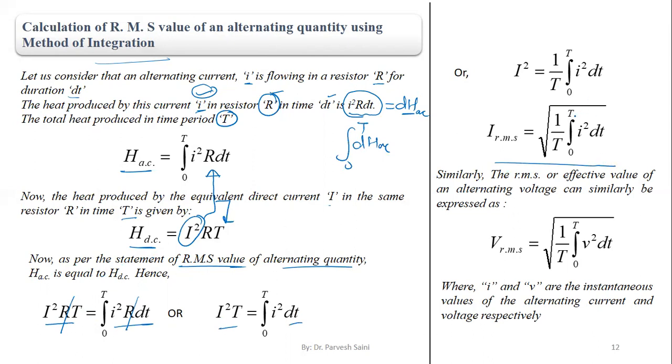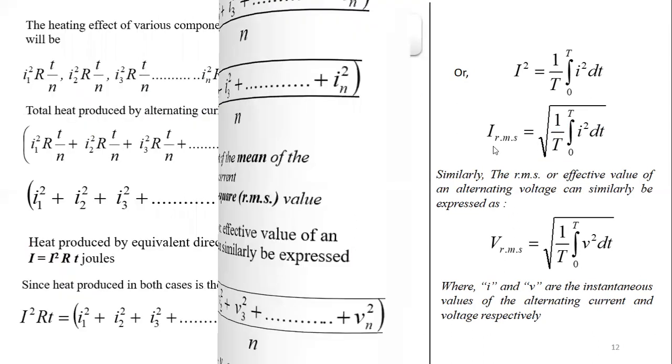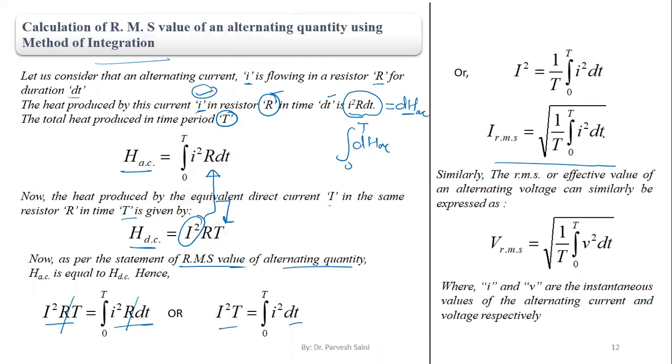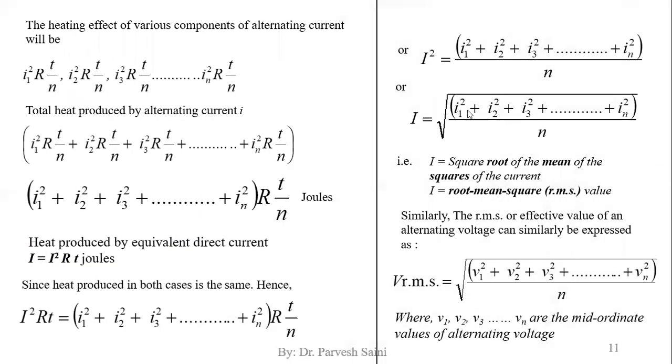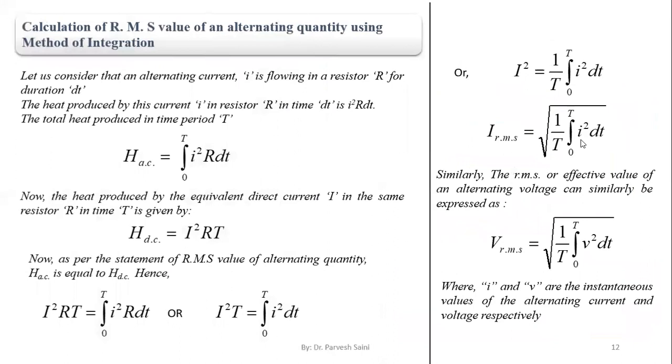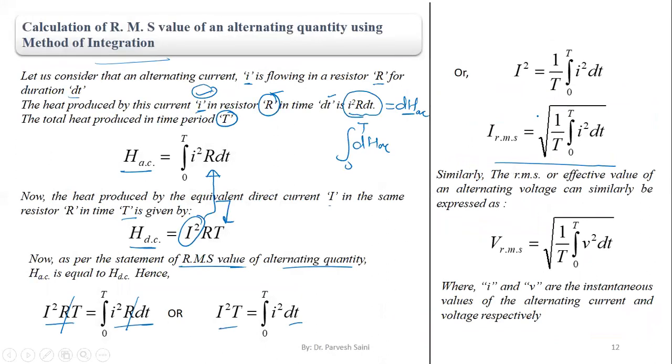Now, what is the difference between the mid ordinate method for RMS and this method? In the mid ordinate method, you have discrete values: I1, I2, I3, I4, I5, I6, up to IN. But here, you don't need specific values. This is the benefit of the method of integration. You don't need to know the discrete values.